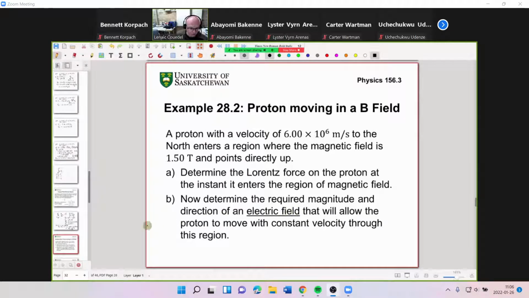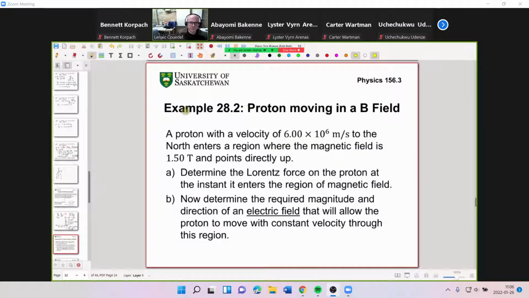So for this, let's first try to identify the given. To your opinion, what are the given in this exercise? The velocity and the magnetic field. And the charge of the proton. Exactly. So that's the three given.